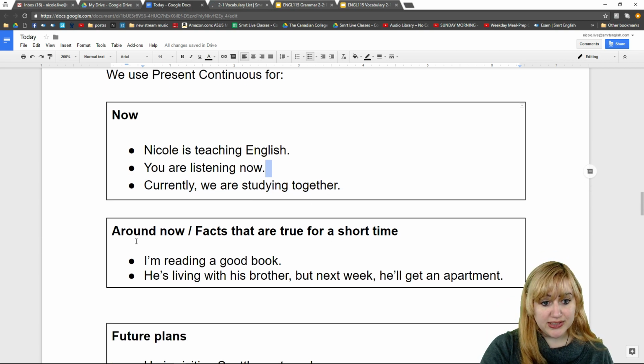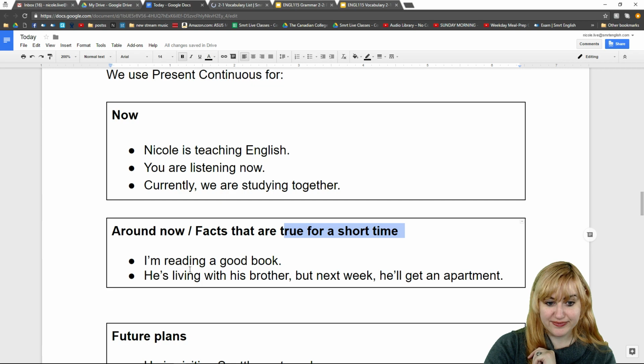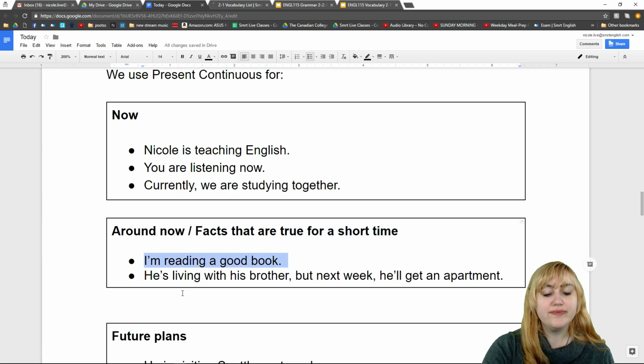We also use present continuous for, we say around now, but you can think of it as true for just a short time. True for a short time. And I have two examples for you. The first one says, I'm reading a good book.